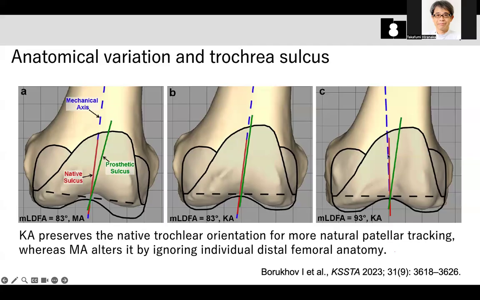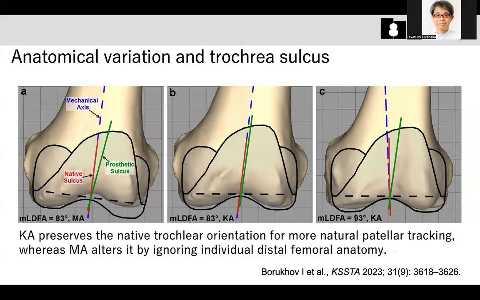Compared to the MA, in kinematic alignment the prosthetic groove comes closer to the native line. Why? Because in mechanical alignment the native joint line is ignored, and it just aligns to the mechanical axis.